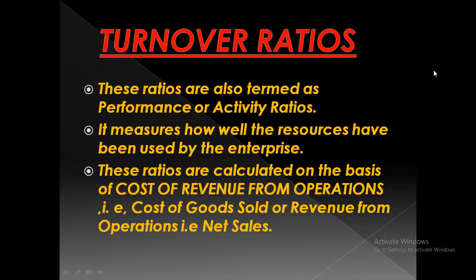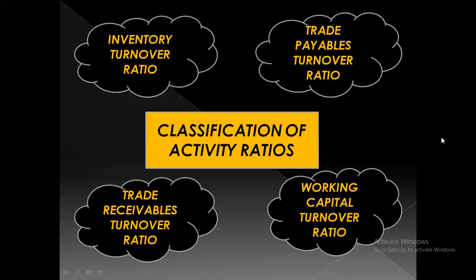These ratios are calculated either on the basis of cost of revenue from operation, which is also known as cost of goods sold, or they are compared with the revenue from operation or the net sales of the firm. These activity ratios, performance ratios or turnover ratios are calculated in times. These ratios are inventory turnover ratio, trade receivable turnover ratio, trade payable turnover ratio, and working capital turnover ratio.